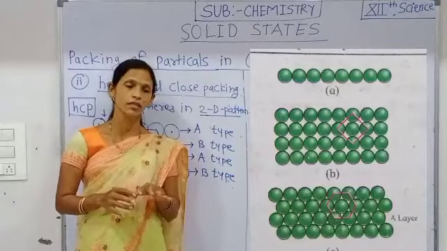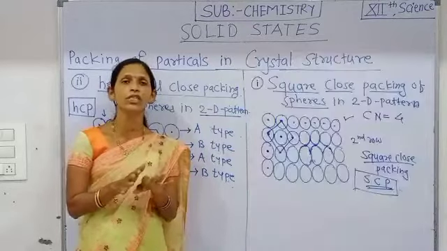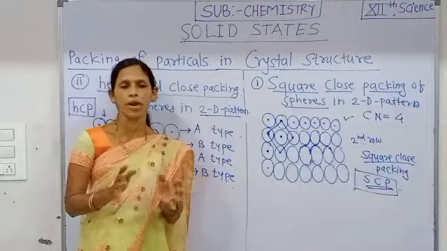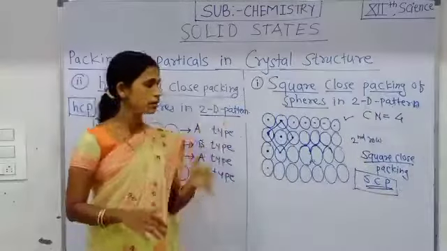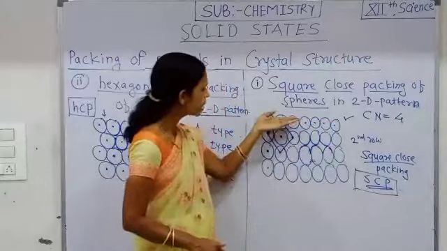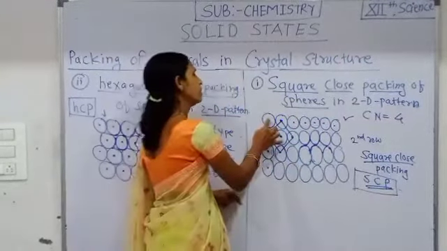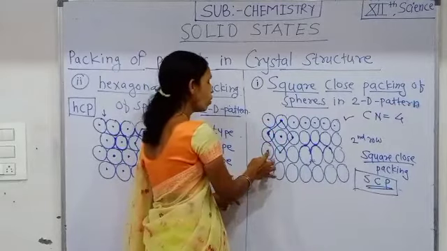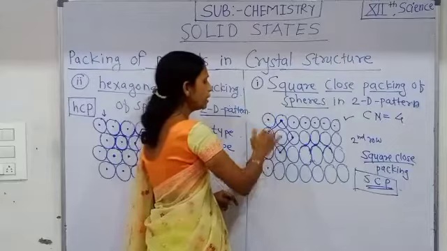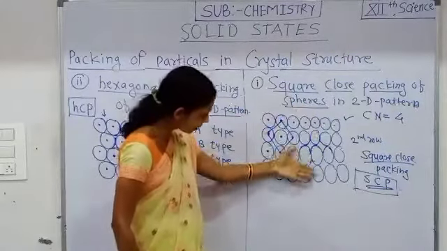Here there are two different methods of arranging the spheres in a two-dimensional pattern. See here, the spheres in the one-dimensional rows are stacked in such a way that the spheres in all rows are aligned vertically as well as horizontally. Then it forms a layer.